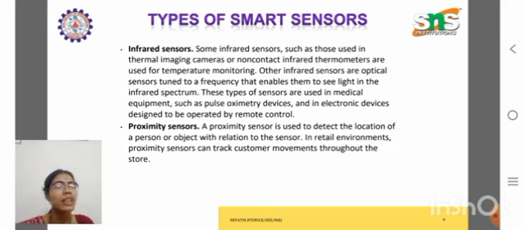These types of sensors are used in medical equipment such as pulse oximetry devices and in electronic devices designed to be operated by remote control. Proximity sensor. A proximity sensor is used to detect the location of a person or object in relation to the sensor. In retail environments, proximity sensors can track customer movements throughout the store.